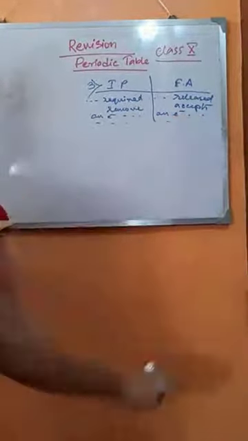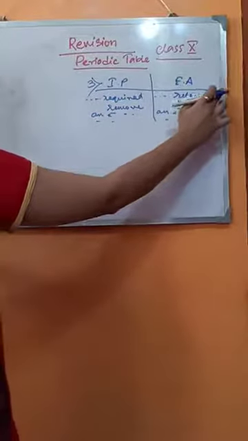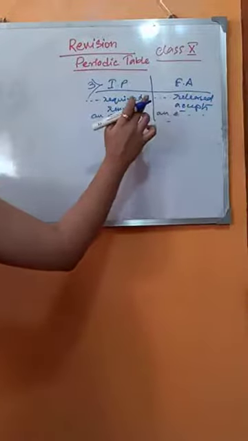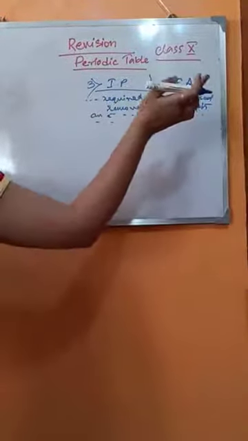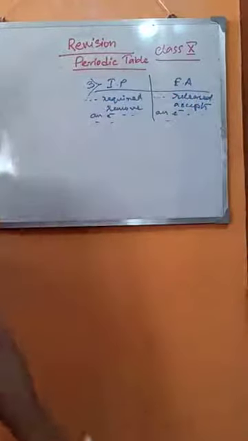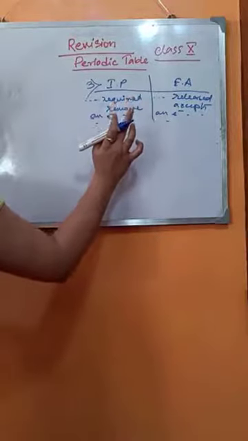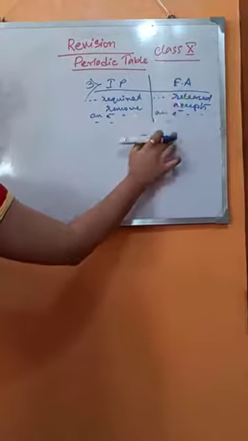So ionization potential is the amount of energy required to remove an electron, and electron affinity is the amount of energy released by an atom in the gaseous state in order to accept an electron to form an anion. Energy required to remove an electron, energy released to accept an electron.